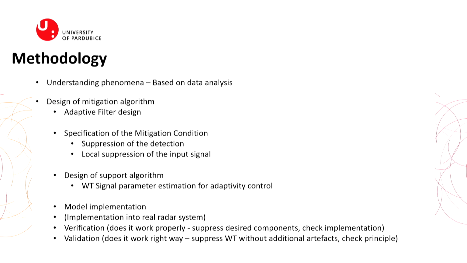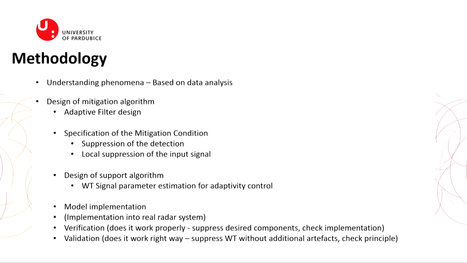So what was our methodology of work for designing the mitigation algorithm? First, you always need to start with an understanding of the phenomena based on data analysis. We just made this step. The phenomena are clear. I already mentioned many times the flash and DSC component, so we are focused on the DSC component.